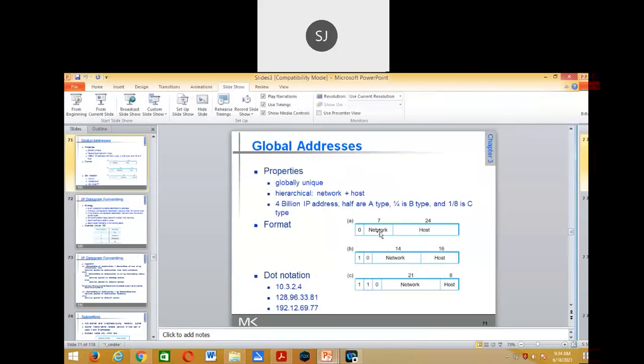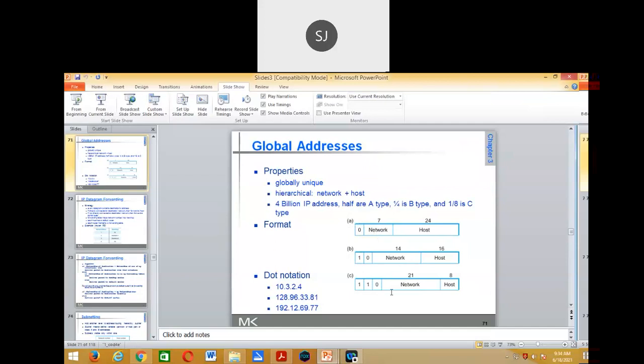So these are the different classes. Class A it is this, class B it is this, class C it is this. Now, see here, there is no flexibility.